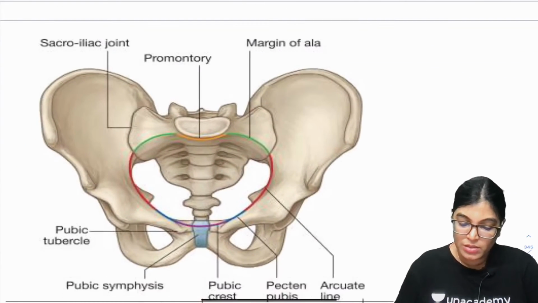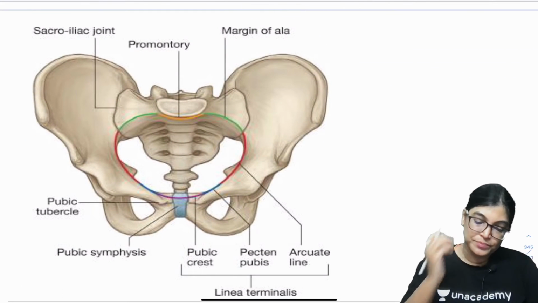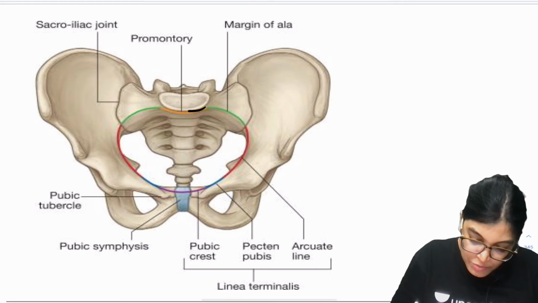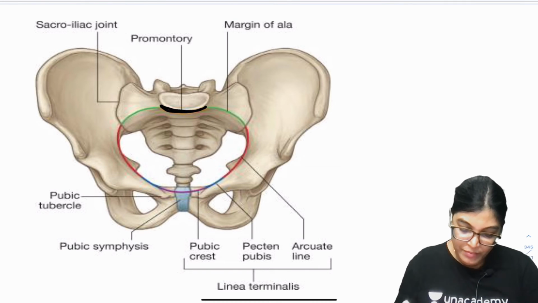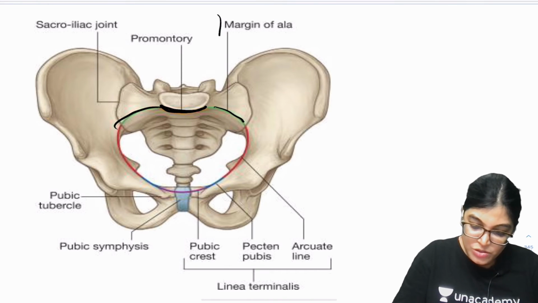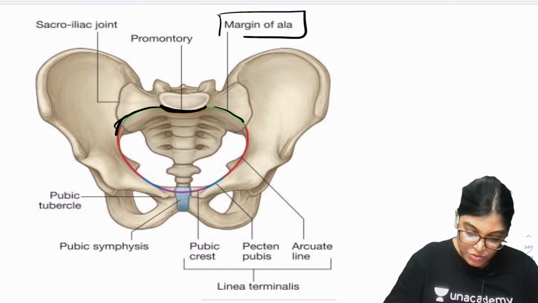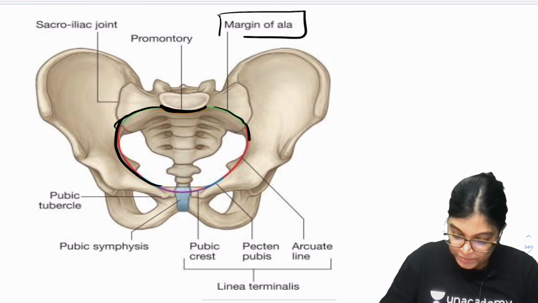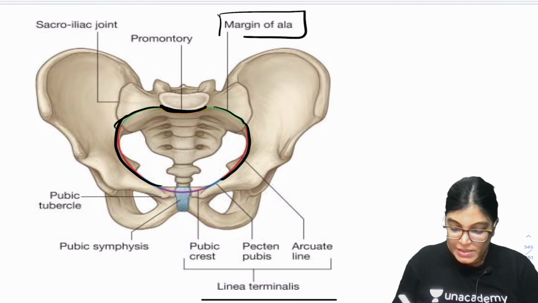Now, see here, the same thing I want to show. You can see here posteriorly the sacral promontory, then coming to the ala of sacrum, margins of the ala of sacrum, then residing towards this line, that is the arcuate line, pecten pubis and pubic crest.